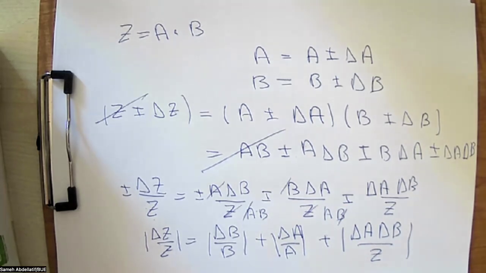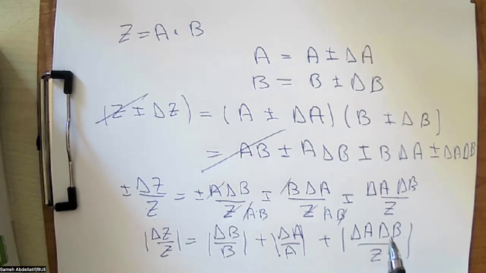Let's have a look. This term, delta A and delta B, are the absolute errors in A and B, which are basically very small numbers. And as you know, when you multiply two small numbers, you will get a smaller number.